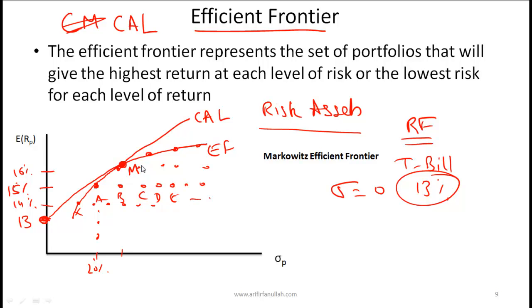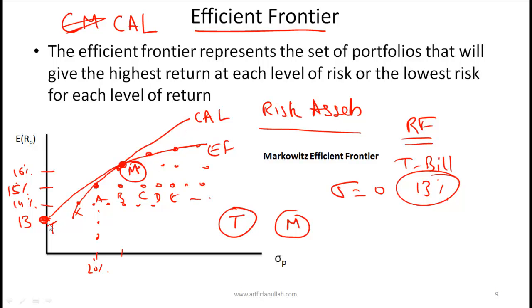This market portfolio, let's collectively lump this together and call it one asset. So what are our two assets? Our two assets are our risk-free T-bills and our market portfolio. And the capital allocation line now represents a combination of these two assets.